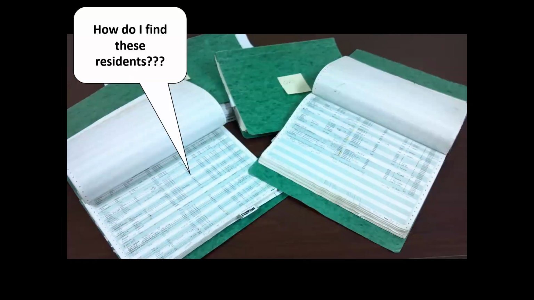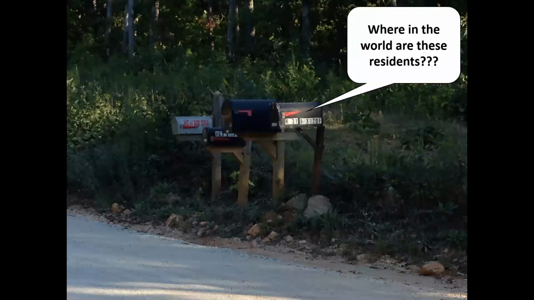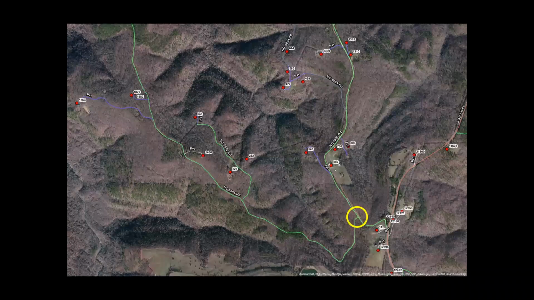Here's another example where the addresses are maintained on these types of printouts, and this is a real example with those handwritten corrections. How do I really find these residents? Same thing here. You see the old style route and box type address. Well, it's easy to get mail to those boxes, but where in the world are those residents located? In a real sense, those mailboxes are in that yellow circle you see at the lower right.